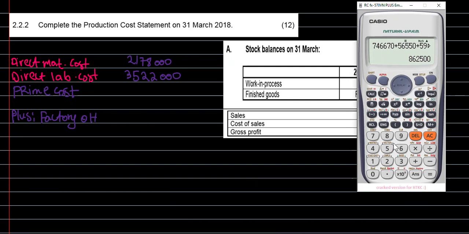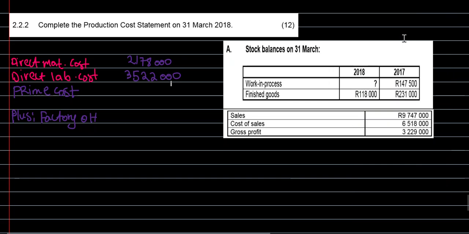If you take 2,178 plus 3,522, you get 5,700,000. That's the total of the direct material cost plus direct labor cost.